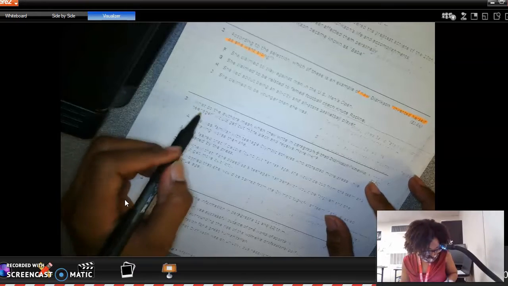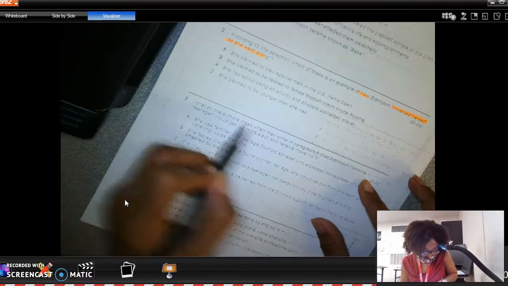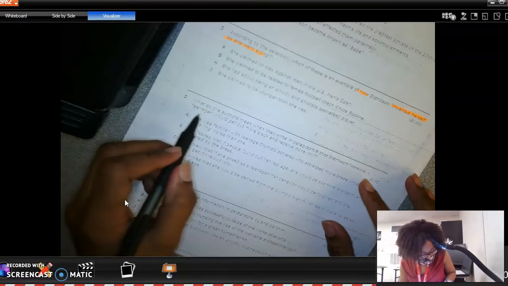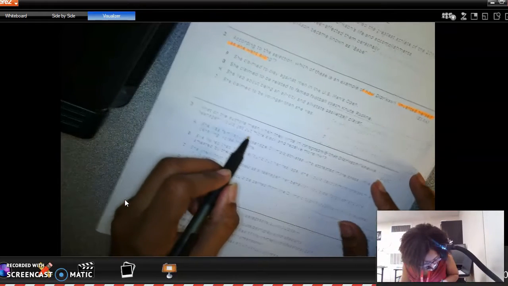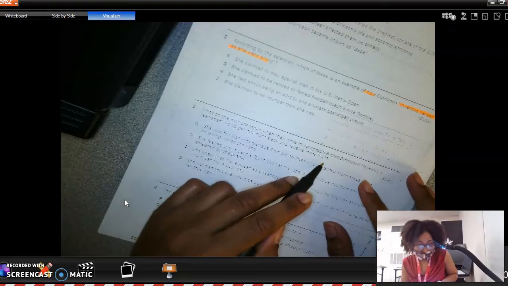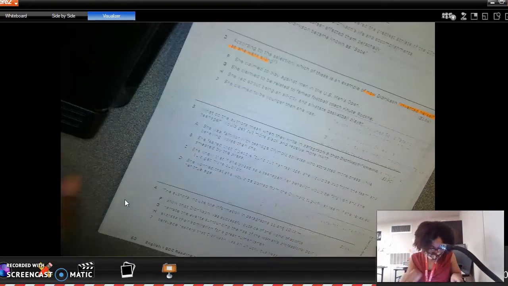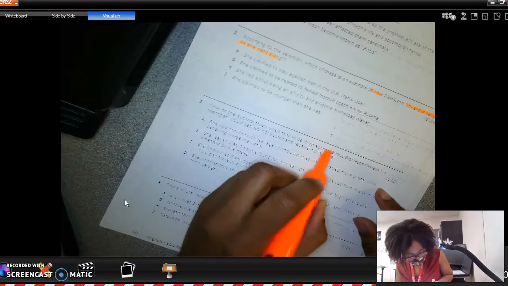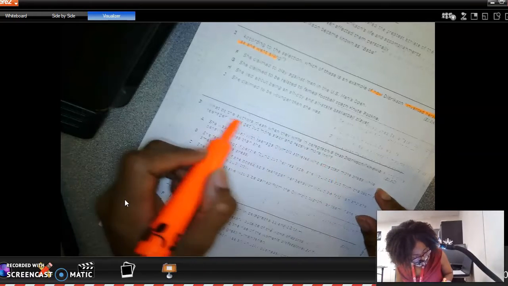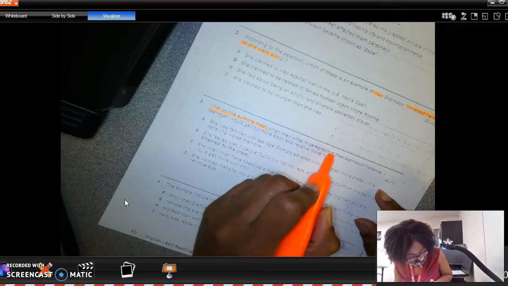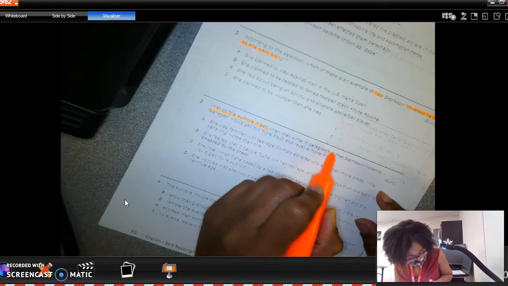And number 3 reads, what do the authors mean when they write in paragraph 6 that Didrikson knew a teenager would get cut more slack and receive more ink? So what is the most important part here? What do they mean? And then where is it? Where can we find it?